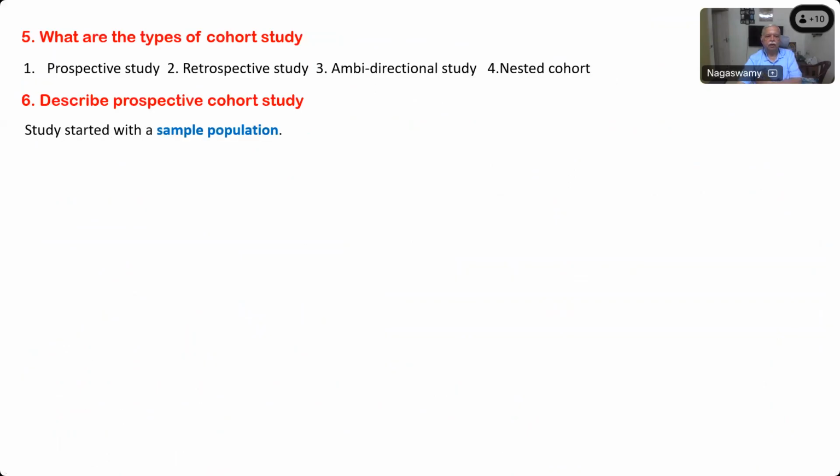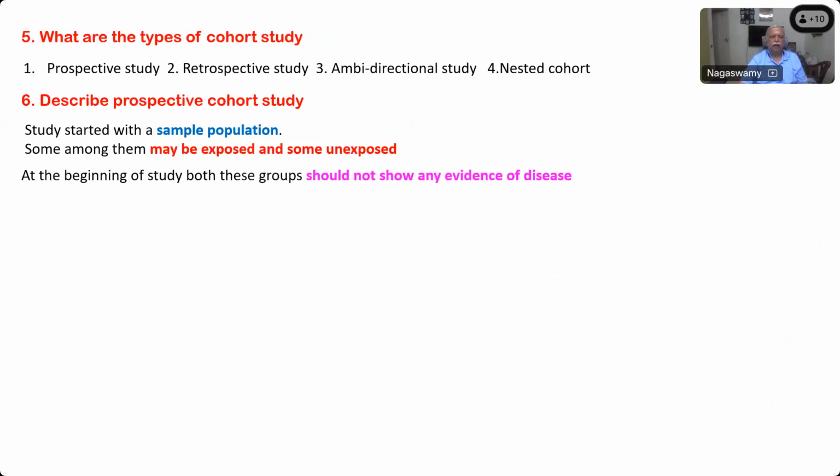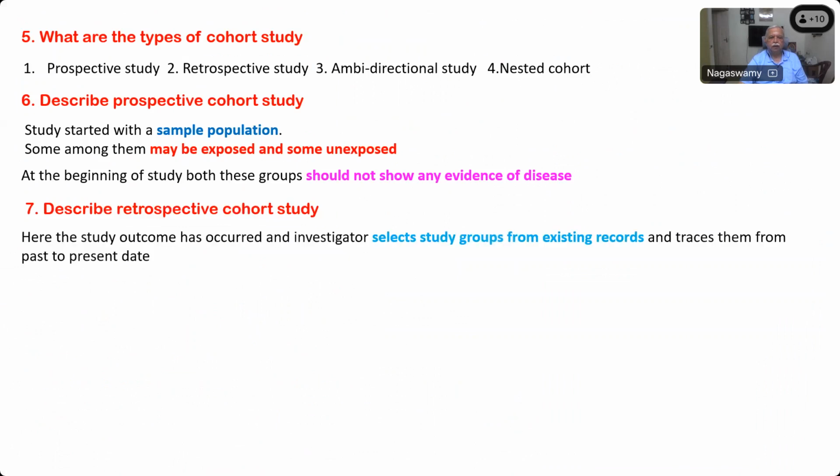The prospective study is a study started with a sample population. Some among them may be exposed and some unexposed, as I showed in the previous slide. At the beginning of the study, both these groups should show no evidence of disease. Whereas in a retrospective study, the study outcome has already occurred and is investigated, and study groups are selected from existing records.